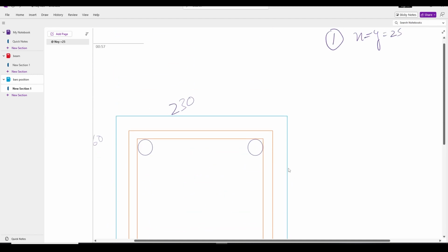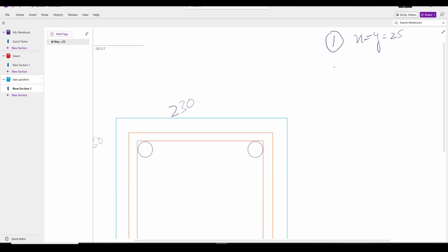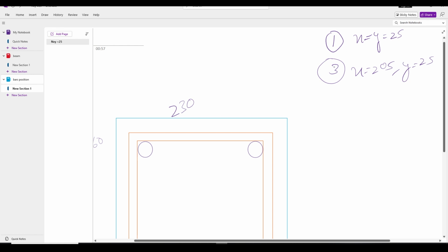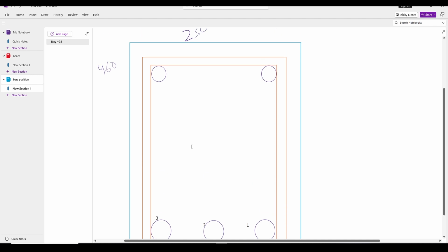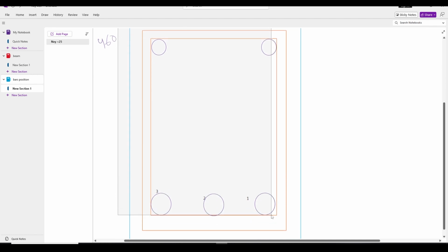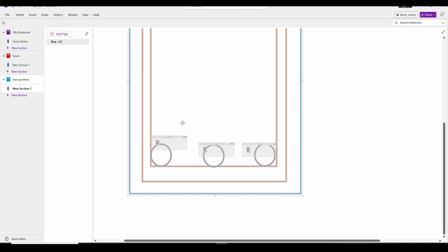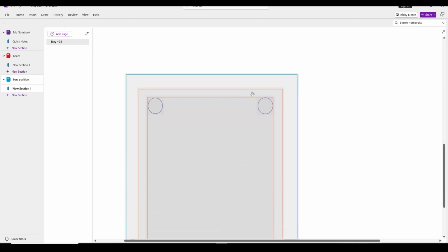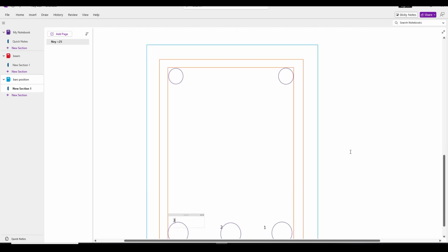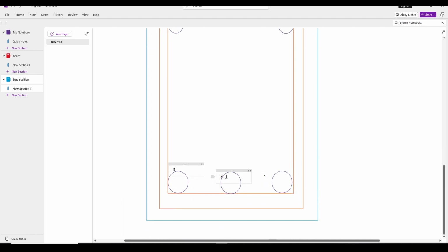So for bar number 3, x equals 205 and y equals 25. So we have completed these two bars.